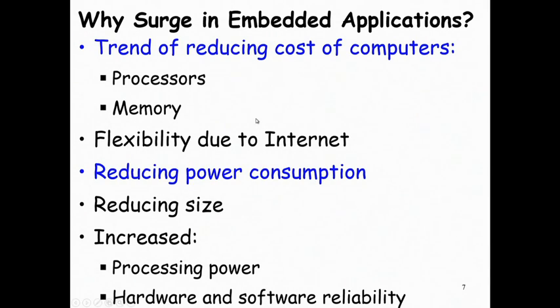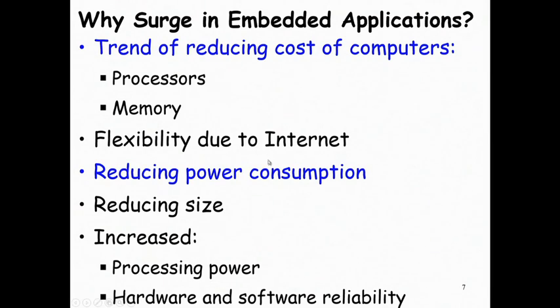So, one of the major factors here is computers becoming cheap, processors, memory, etc., and that allows computers to be used even on cheap systems. For example, a computer mouse or maybe a camera, they all have computers inside them because computers have become extremely affordable.